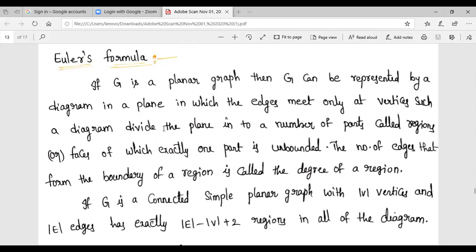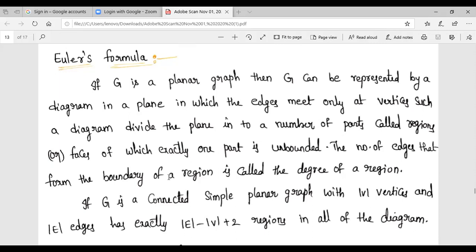Such a diagram divides the plane into a number of parts called regions. Okay. So in a given planar graph, edges meet only at vertices. The number of edges that bound the region is called the degree of the region.